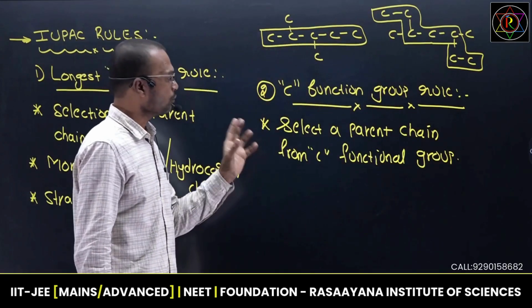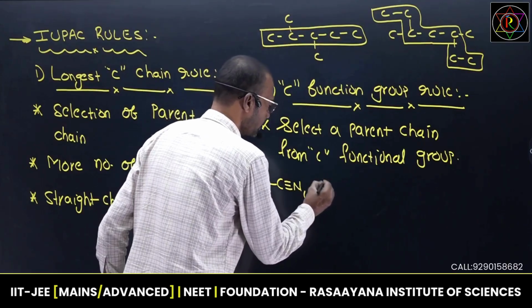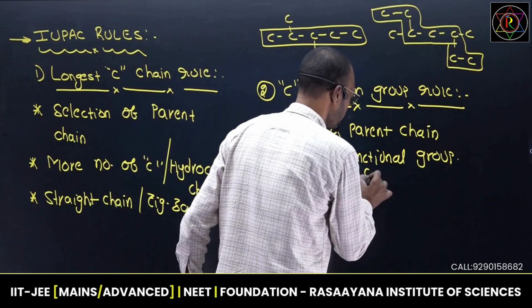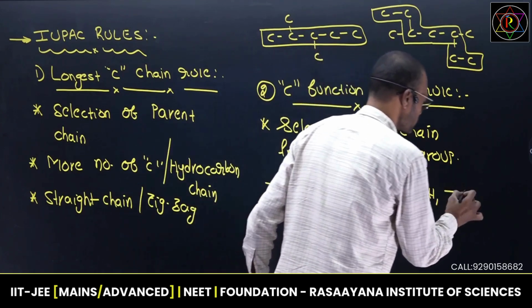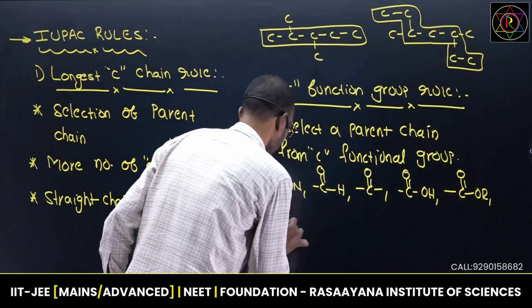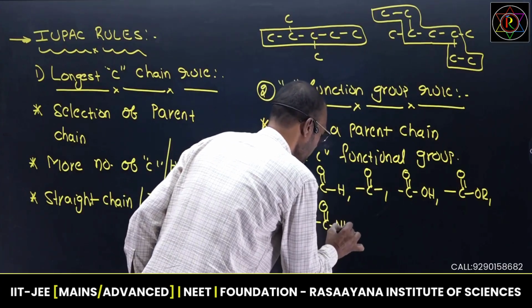So what are the available carbon functional groups? I can take cyano. You can take aldehyde, which is also a carbon functional group. Then we can also take keto, then carboxylic acid, and carboxylic acid derivatives such as esters. Then we can take acid halides, amides and even anhydride.